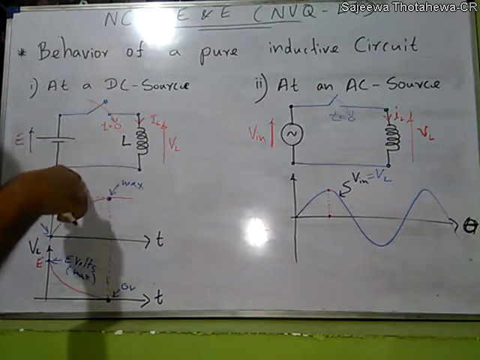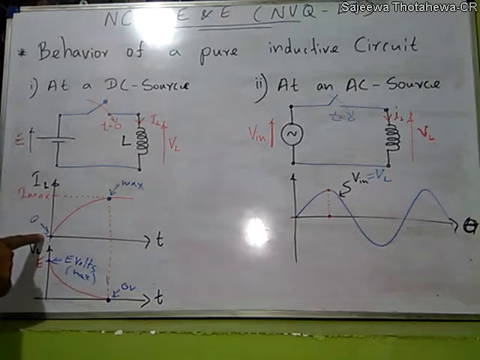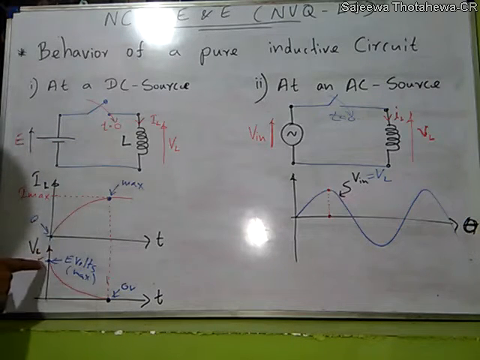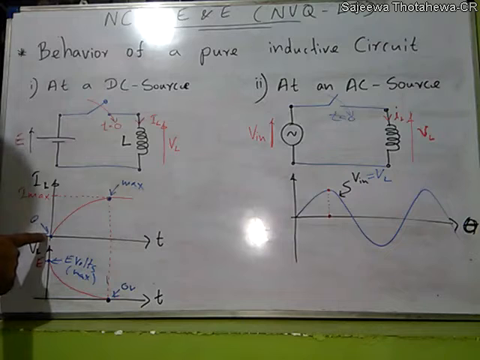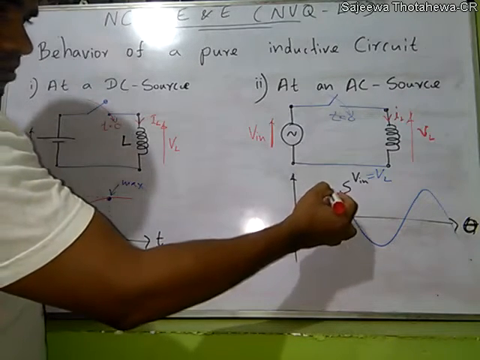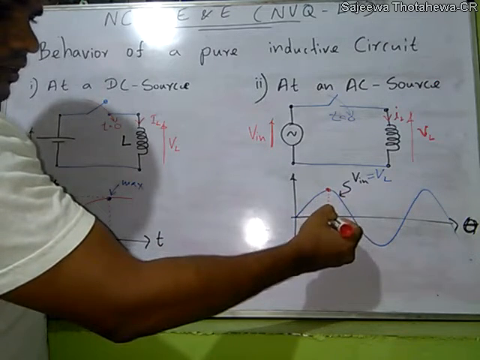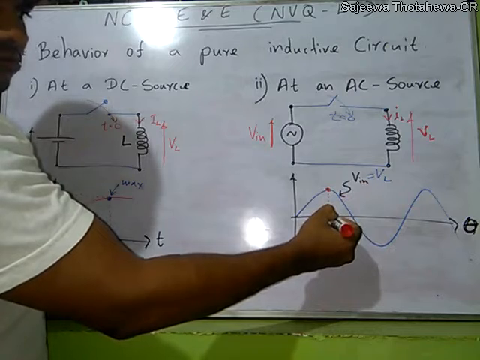Now let's move to the first case, that means the DC case. Here you can note, at the maximum inductor voltage, the current through the inductor was 0. Here you can see the maximum value. At the maximum value, inductor current is 0.